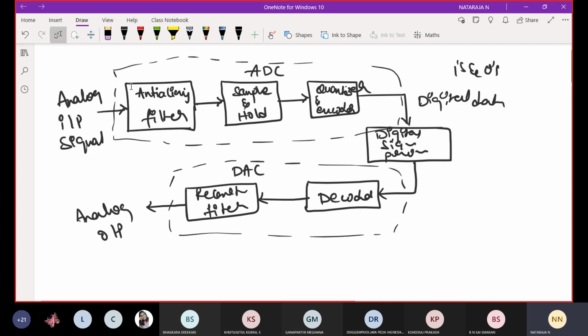Okay, copy this block diagram. Two minutes, sir. Okay, right on.